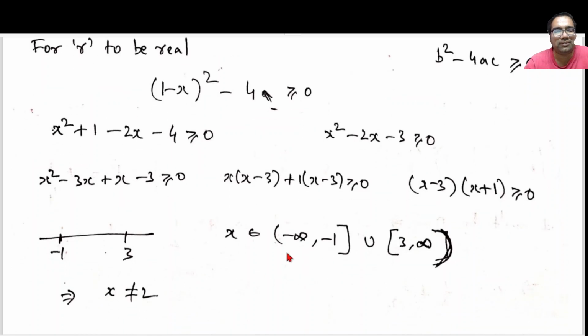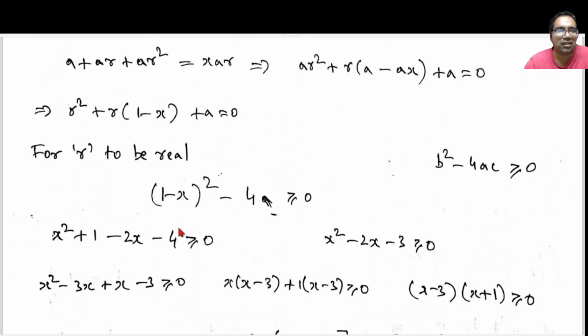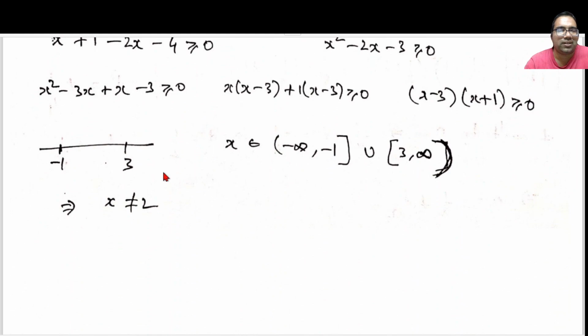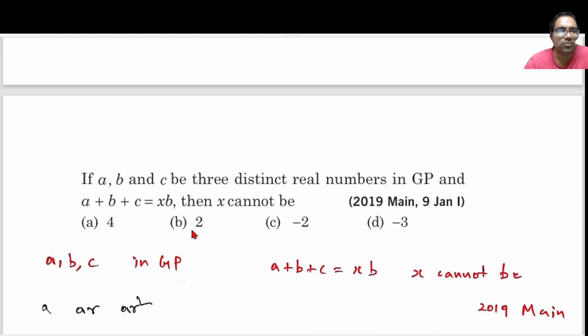So x lies between minus infinity and minus 1, or 3 to infinity. Please notice the brackets: open at infinity and closed at minus 1 and 3, because there is equality. That means x cannot lie between minus 1 and 3. The answer is x cannot be 2.